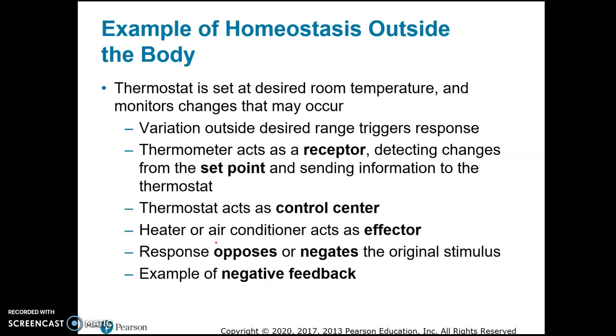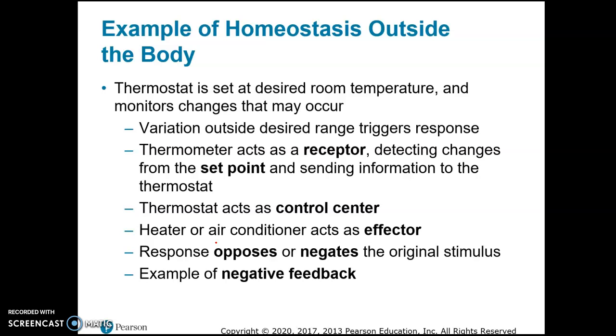So an example of homeostasis outside the body is a thermostat in your house. In your house you have a thermostat and it's set at a desired room temperature. So let's say that room temperature is somewhere around 70 degrees Fahrenheit, of course.